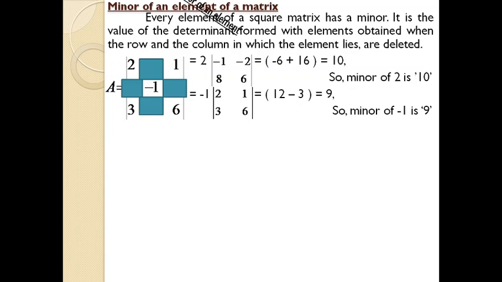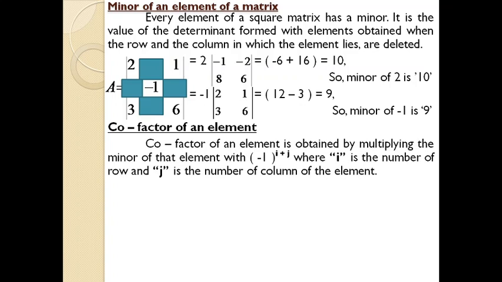Next area we are going to study is cofactor of an element. It is quite easy, but its computation is a bit confusing. So what is meant by cofactor of an element?